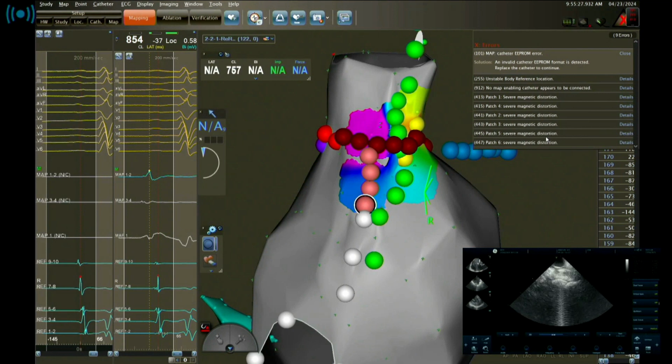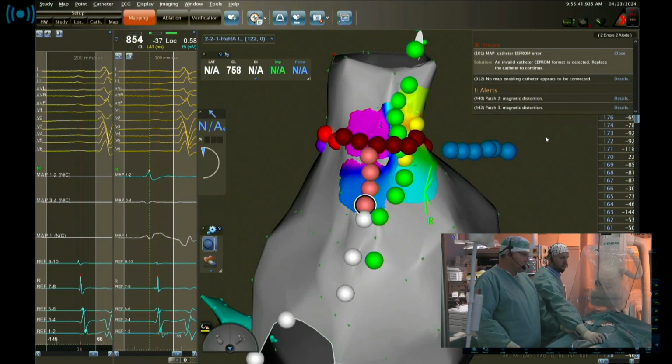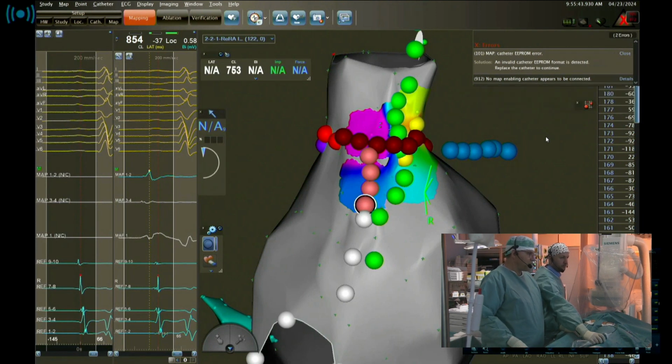What we did, we haven't done a lot since we were last online. You see that we started doing this first intercaval line. These are the pink points going from the posterolateral SVC circle down.